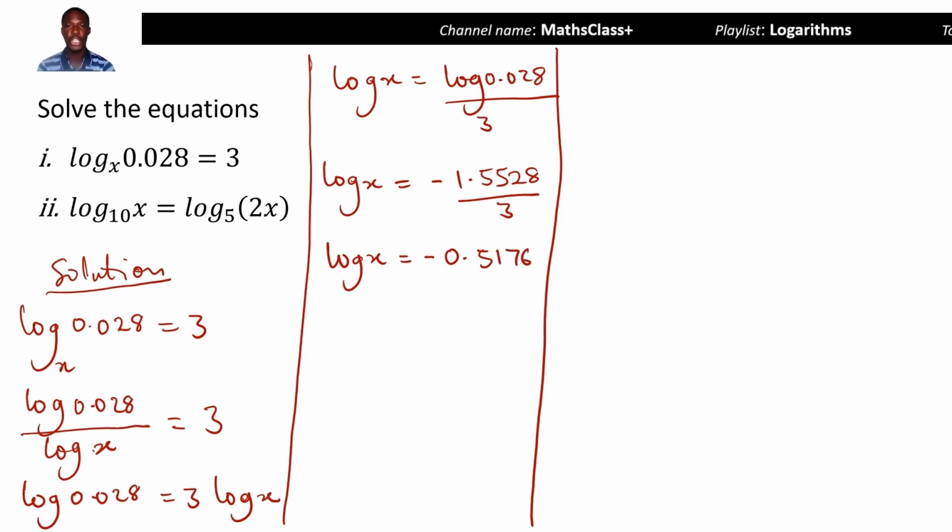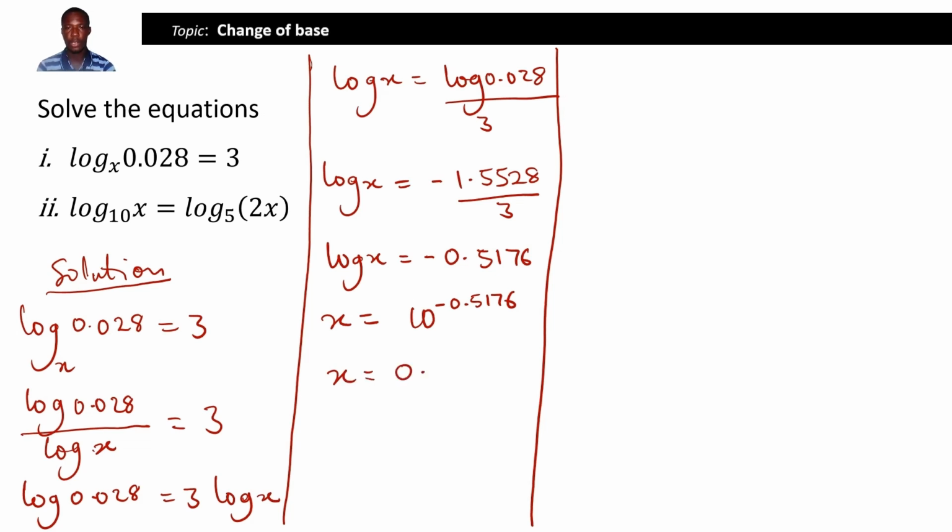And I would change this result to indices. Remember, log x is to the base 10. So x here will be equal to 10 to the power negative 0.5176. And that my x will be 0.3037 as the final answer.